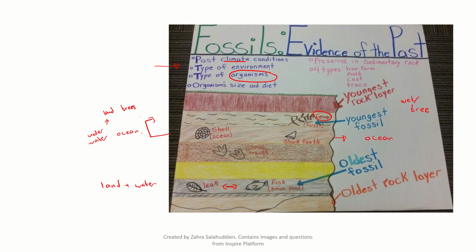So if we look over here again at the type of organism, the type of fossil we find, it gives us clues about how the environment has changed. You find footprints of an animal. Footprints tells me that there was land, that this animal could walk.